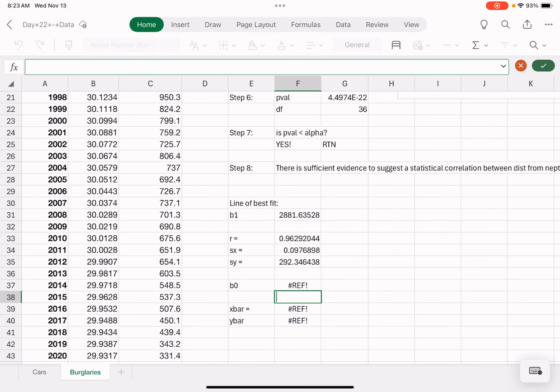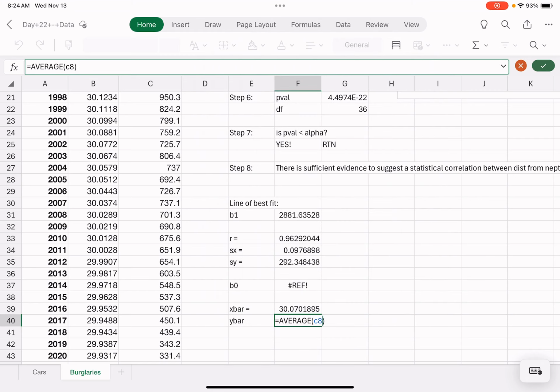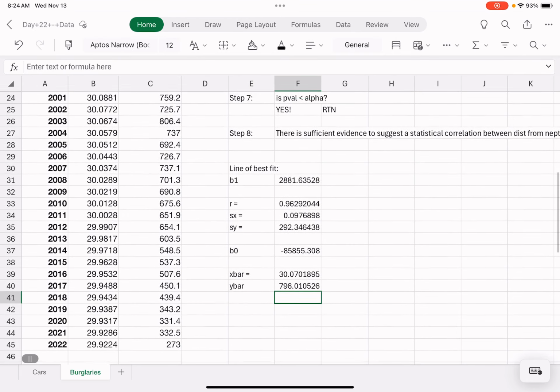We're just missing these. This one needs to go to B45. Doesn't have to be capital. And then this one is going to be C8 to C45. Enter. All right, let's take a look.